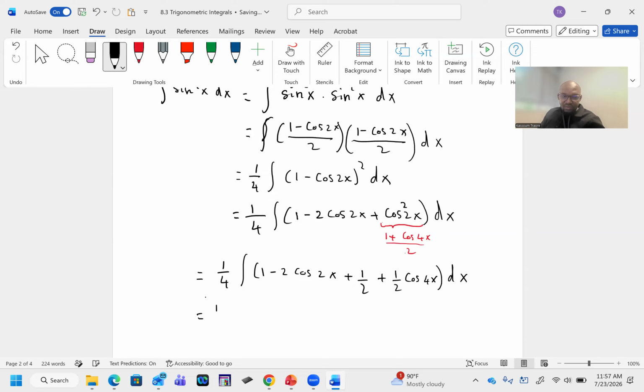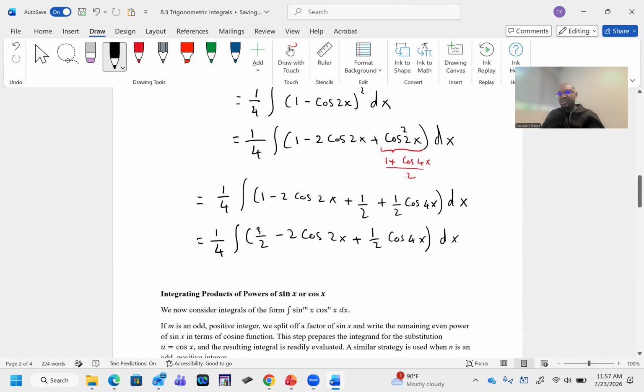So I will have 1 divided by 4 times, combining 1/2 and 1, which will be 3 divided by 2, minus 2 cosine of 2x, and then plus 1/2 cosine of 4x dx.